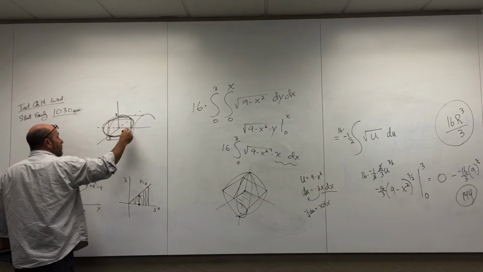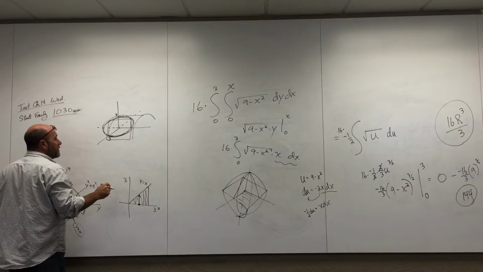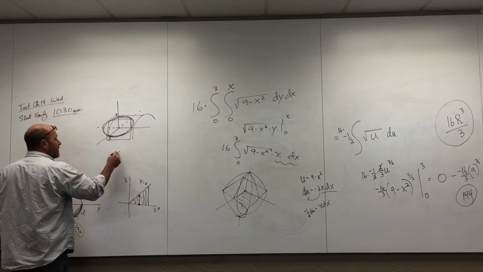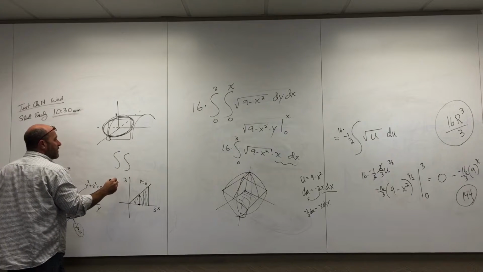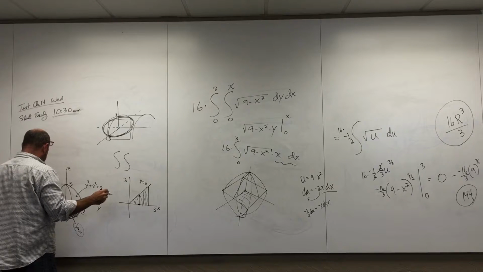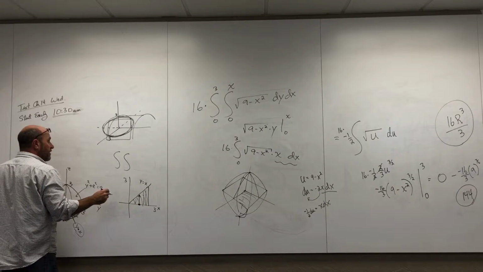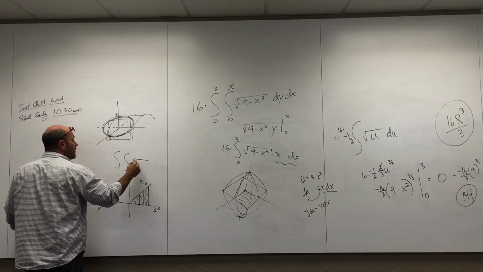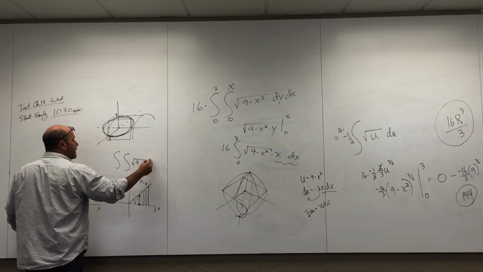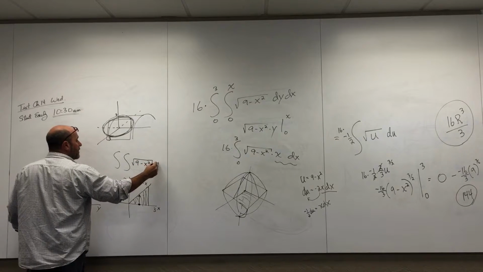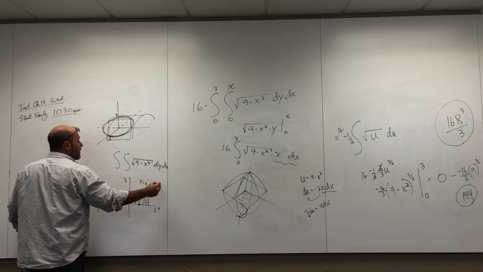Now you might want to do it in polar. Yeah, I can see where polar would make this... So you're still integrating this top. But I think I probably didn't like the idea of polar because I wanted that radius in there.